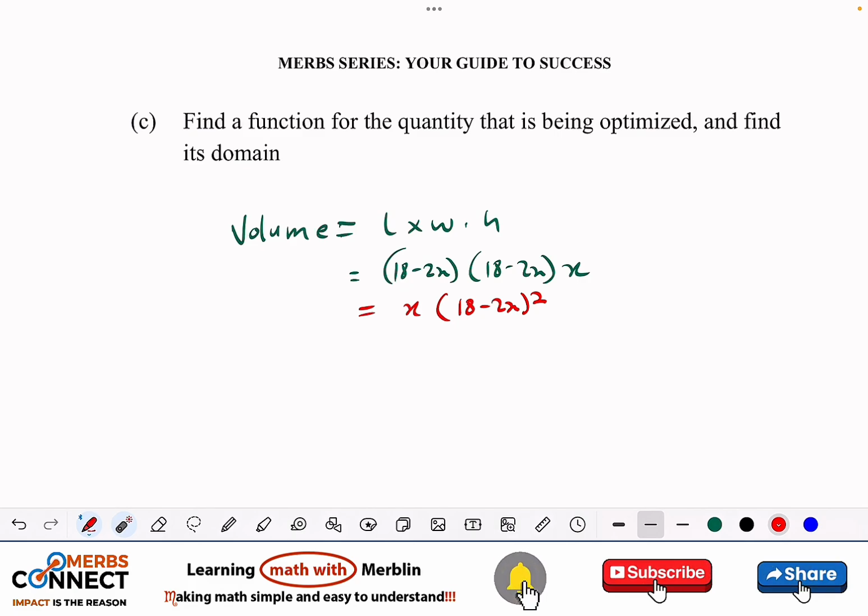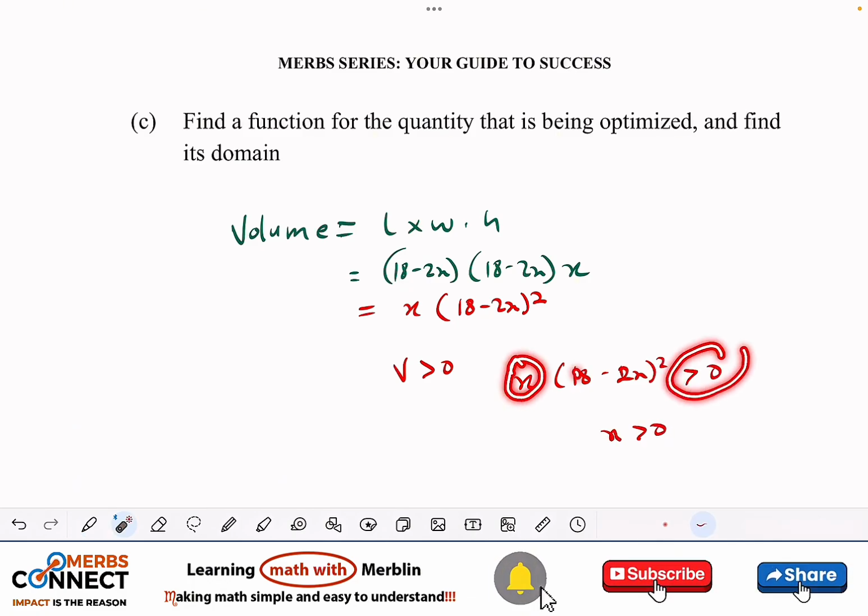Now, if you want to find the domain, we assume that the volume is greater than 0, so x(18 minus 2x) squared is greater than 0. Here x should be greater than 0, and 18 minus 2x all squared should be greater than 0.